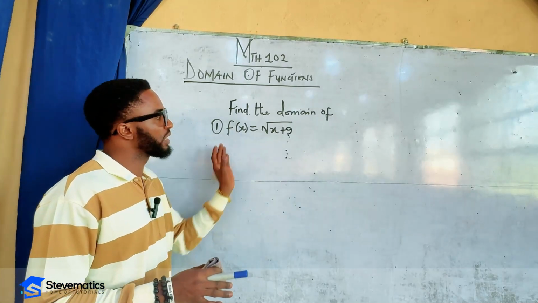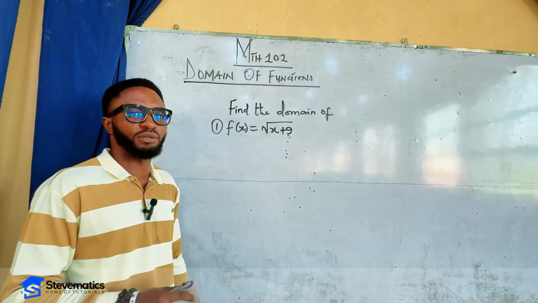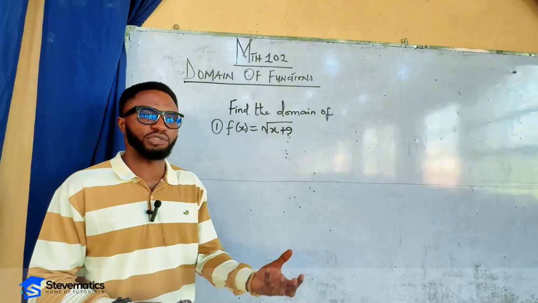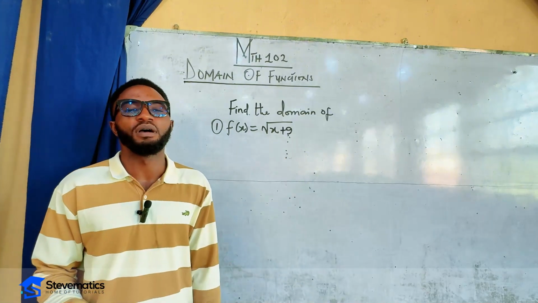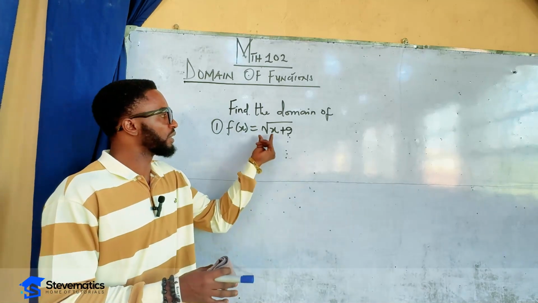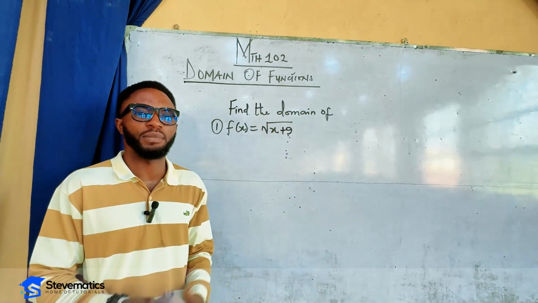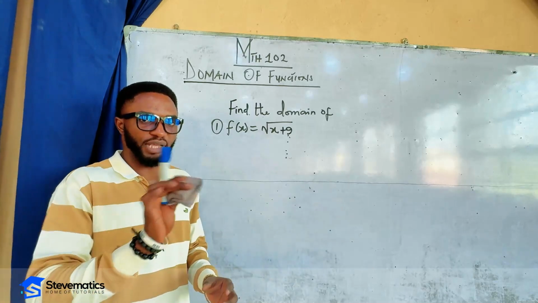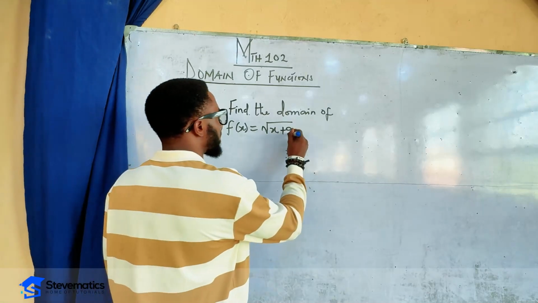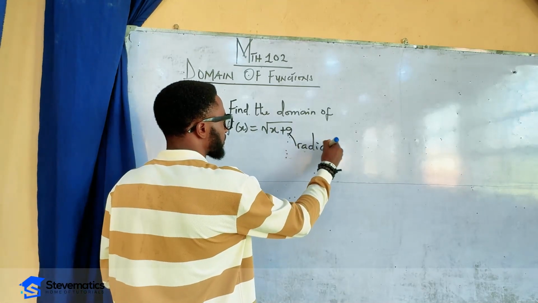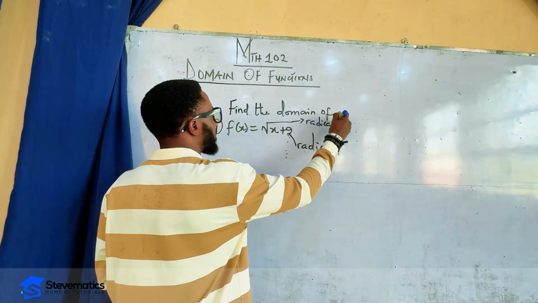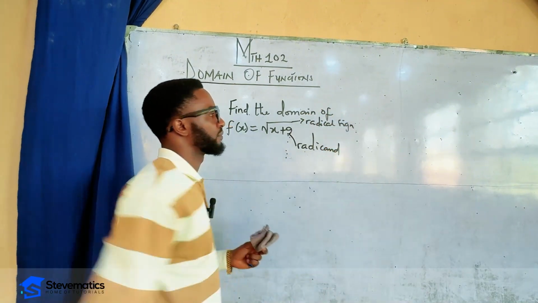Unlike the previous examples we've solved in my other video on polynomial and rational functions, this is a radical function. How do you know it's a radical function? If it is carrying a root sign. That's a radical sign. What you have inside is called a radicand. This is the radicand, and this is the radical sign, or the radical.